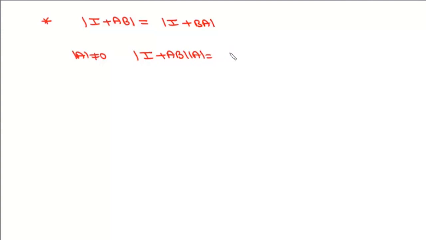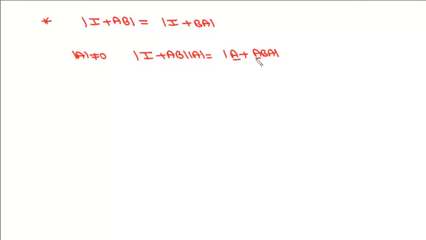And for determinants, there is one more property: the determinant of I plus AB, where A and B are invertible square matrices, will be equal to the determinant of I plus BA. Now suppose determinant of A is unequal to 0. If we write determinant of I plus AB into determinant of A, we can write this as A plus A into BA.